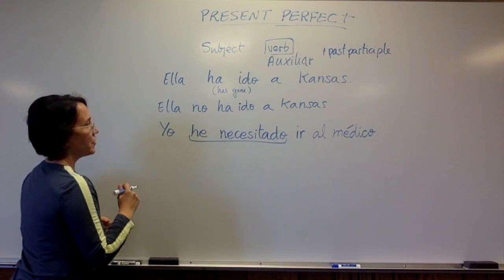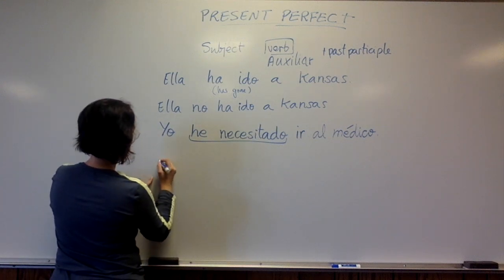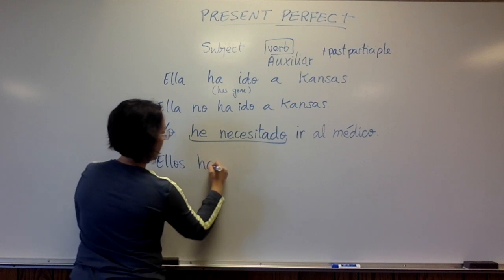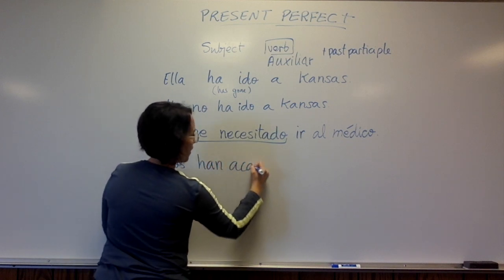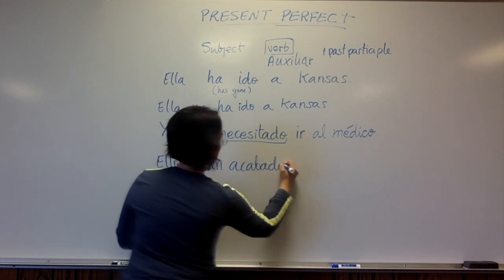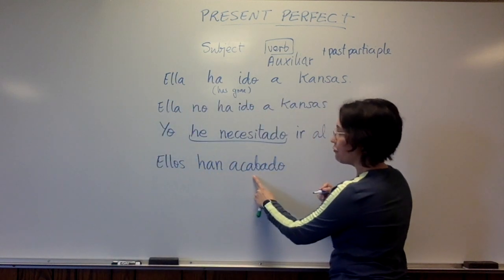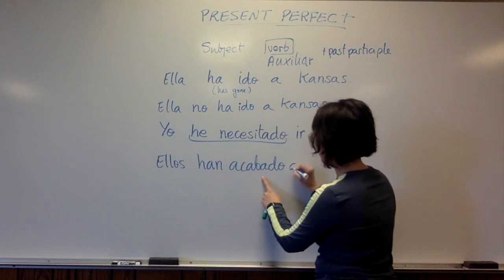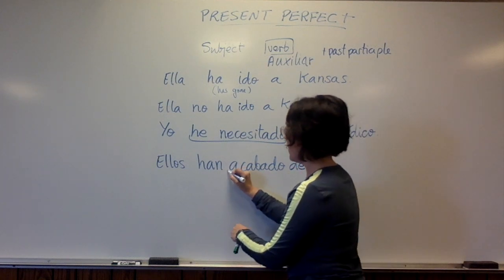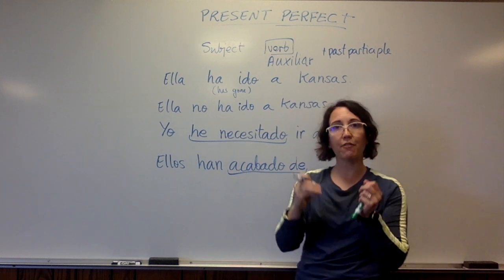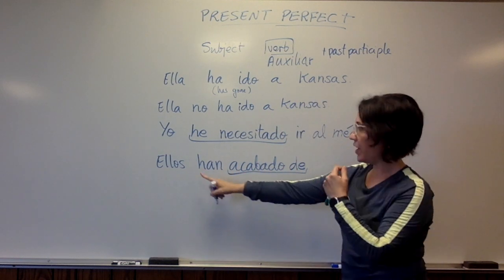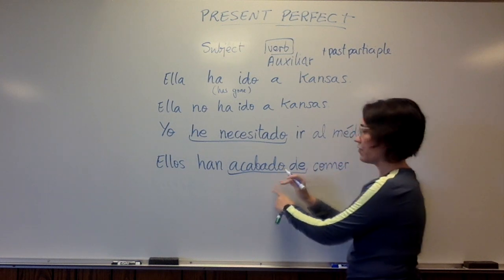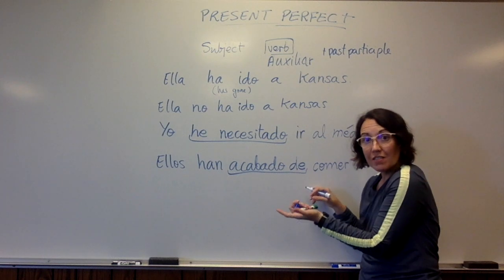Okay? Another example. Ellos han acabado. They have finished, or they have just finished. Ellos han acabado de. Acabar de is that expression of to have just done something. And so ellos han acabado de comer, and acabar de is always followed by the verb that they have just finished doing something.